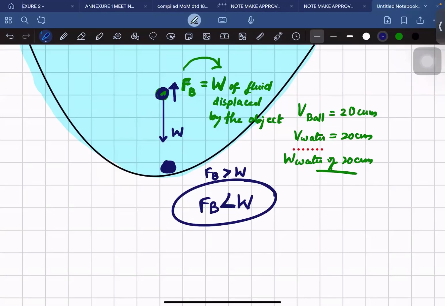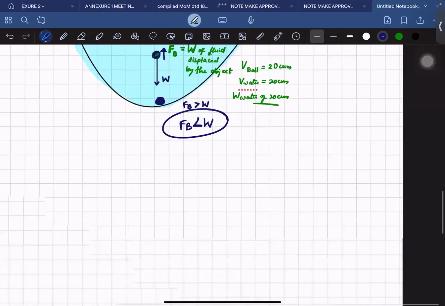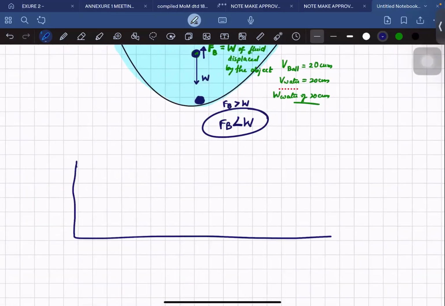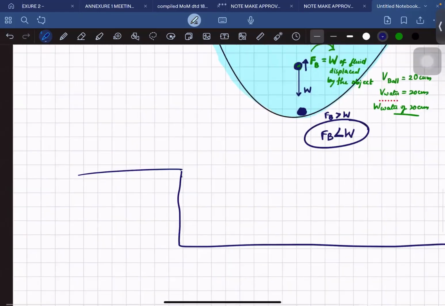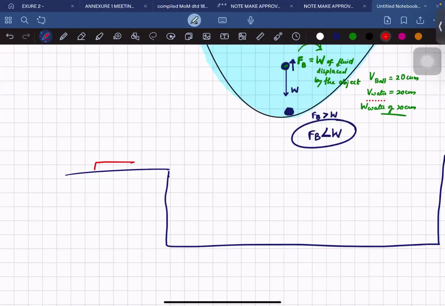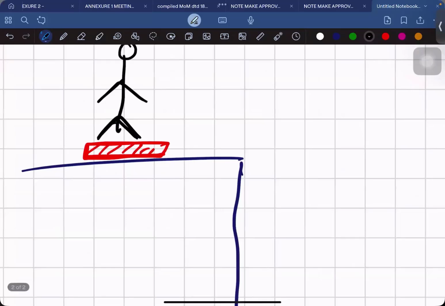That's the case. I will give one more example of this buoyancy. This is a swimming pool, and this is the surface, and there is a weighing machine over the surface. I hope you guys are listening to me. I place a weighing machine here, and I'll make your friend stand over there. Suppose it shows 100 pounds as the weight.